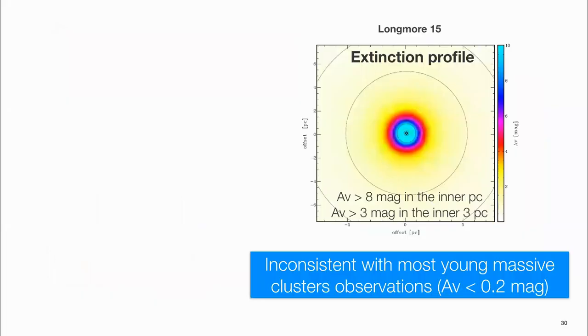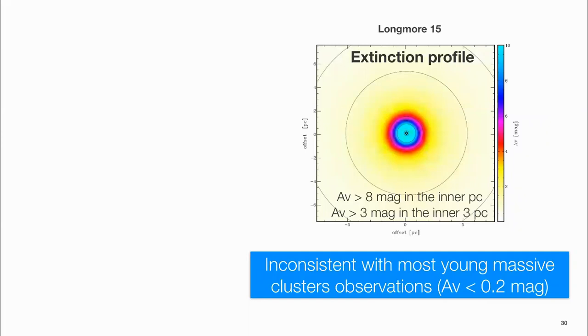Okay, so here, Steve Longmore used the gas profile of some of these hydro simulation models to calculate the extinction profile expected for a young globular cluster that is going to form a second generation of stars. So we would expect very, very severe extinctions in the center of these massive clusters, but that's not what we see. In most clusters, they have relatively low extinction, okay?